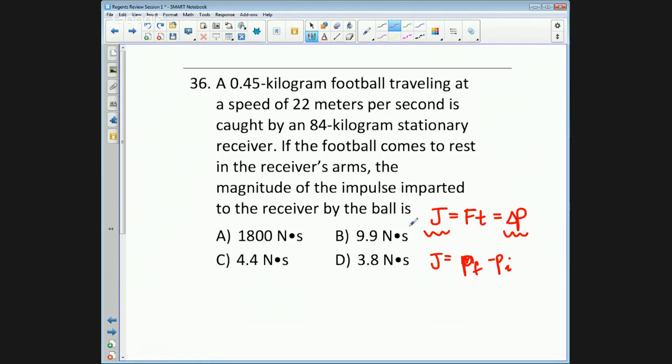The football comes to rest, so the final momentum is 0. So J equals the initial momentum. So the impulse equals the initial momentum.